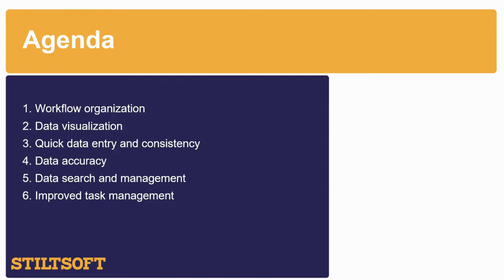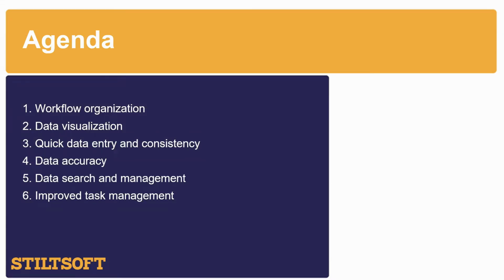We'll also cover data accuracy, when you have the same information on several Confluence pages, and you want to make sure that the information is up to date everywhere and nothing is lost. We'll have a look at the ways to search data quickly and manage it.